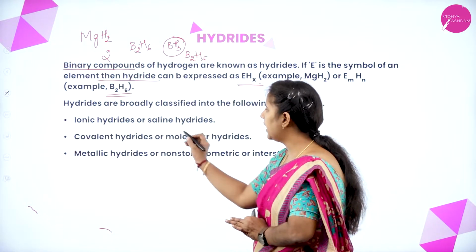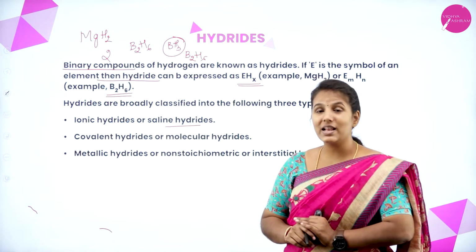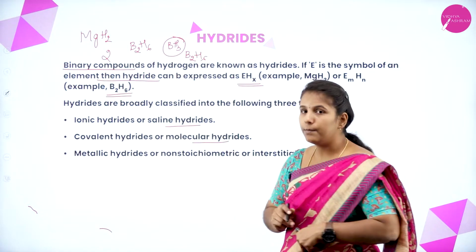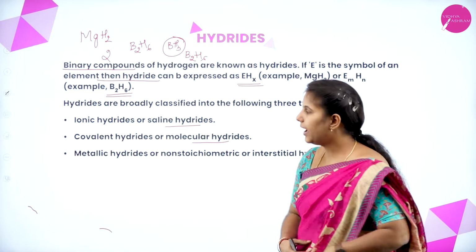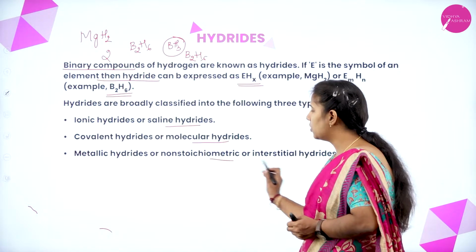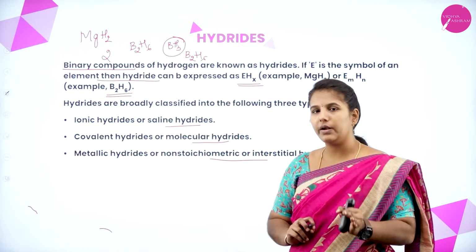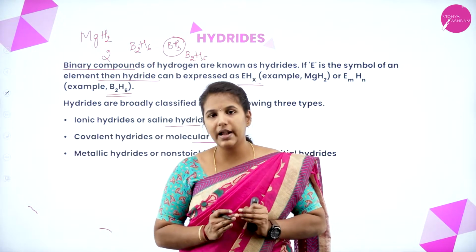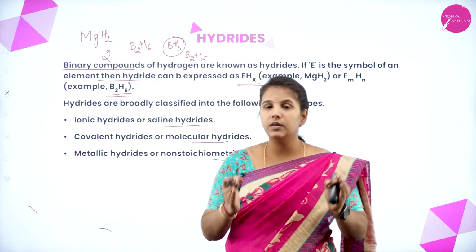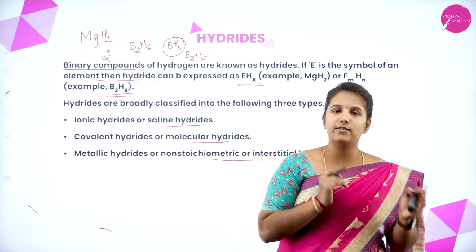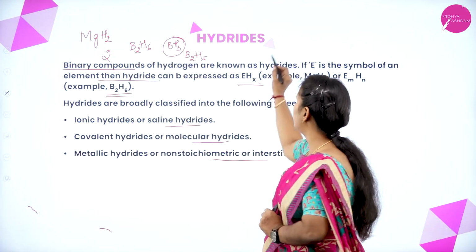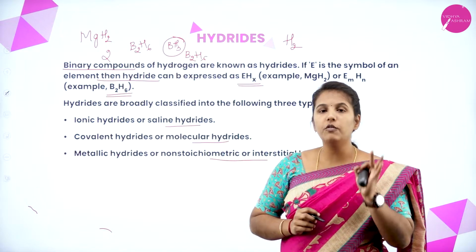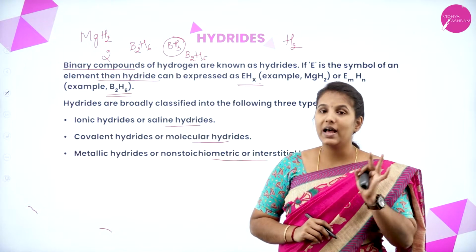Remember, ionic hydride is also known as saline hydride, covalent hydride is also known as molecular hydride, whereas metallic hydride is also known as non-stoichiometric or interstitial hydride. So, what is a hydride? Remember, the binary form of hydrogen. Binary means what? H2. Is it right? The binary form of hydrogen is known as hydride.